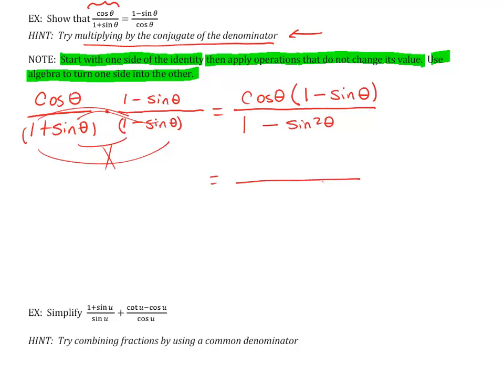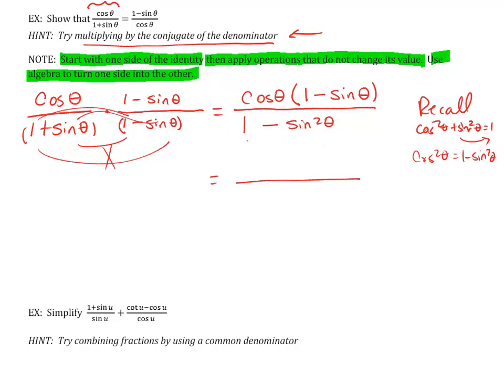Now the reason why this is helpful is that if you do 1 minus sine squared of theta, recall that cosine squared of theta plus sine squared of theta is 1. So moving the sine squared to the other side, cosine squared of theta is 1 minus sine squared of theta.